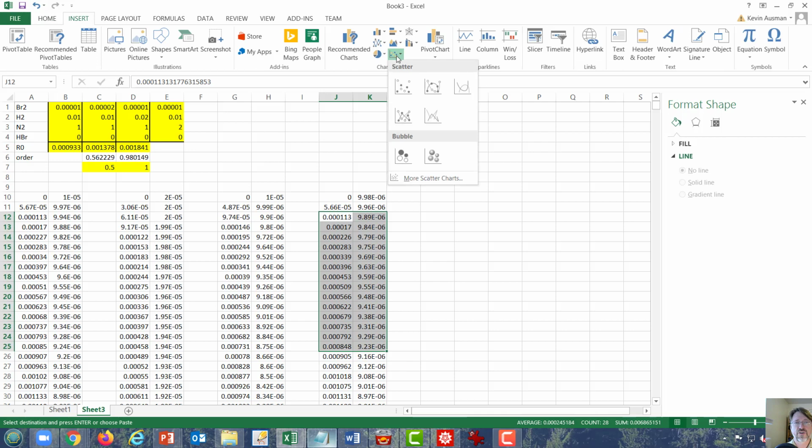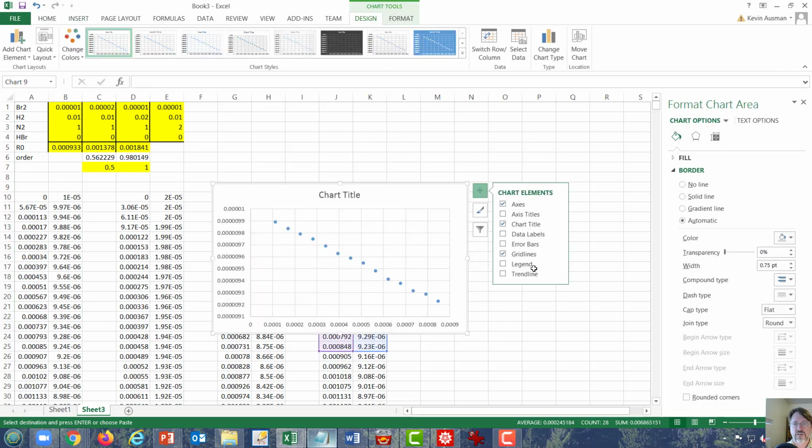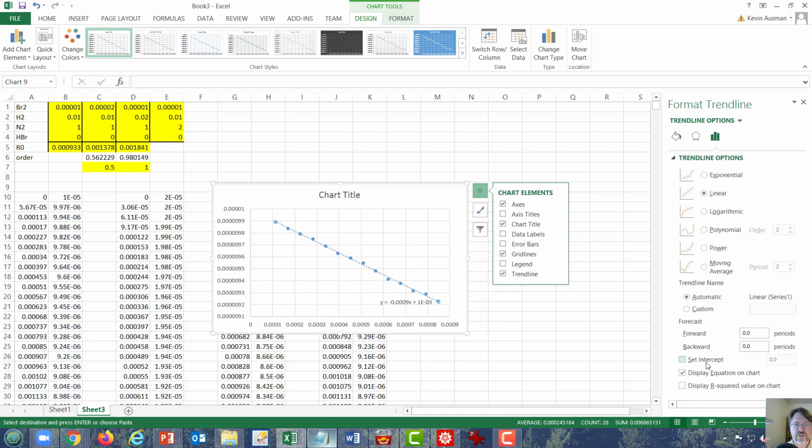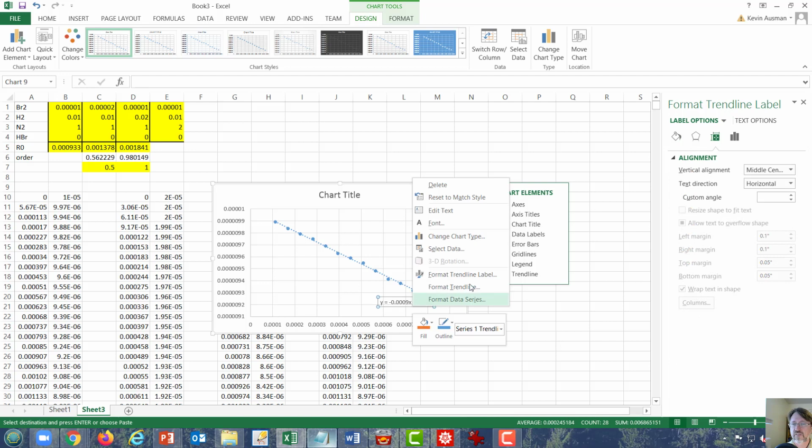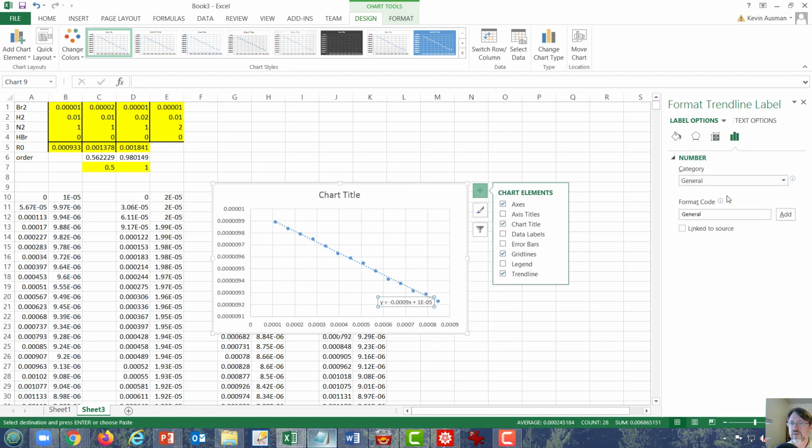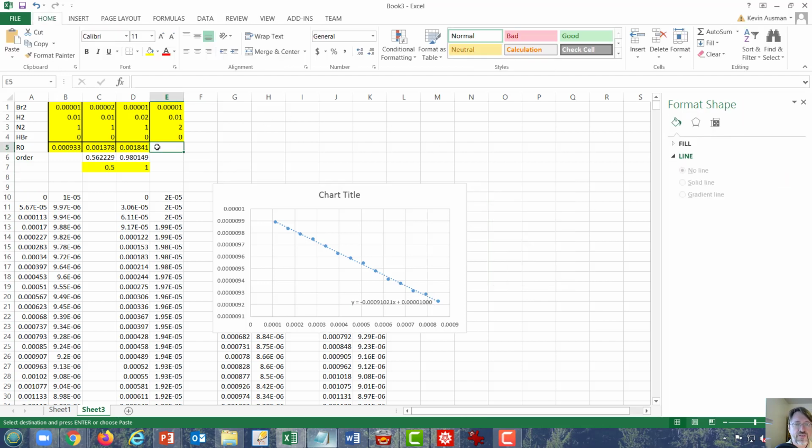Insert chart, trend line, equation on chart. Nope. Number, get some digits. 0.00091021.